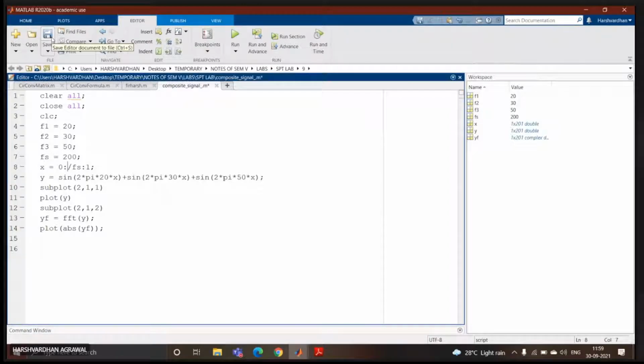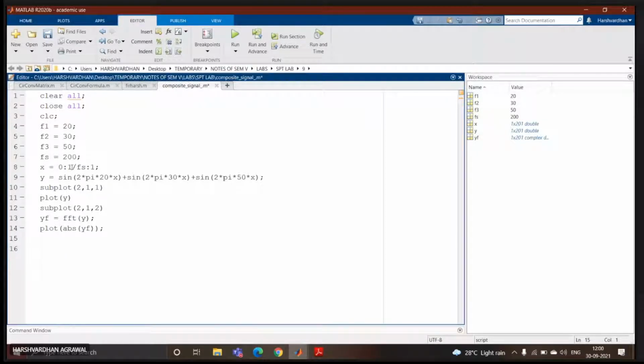Yes, sir, we can look into fs by 2. So don't use the frequency bins beyond fs by 2, because otherwise your analysis will not be good. Either you take it in the negative axis, otherwise you chop off at N by 2 or fs by 2.